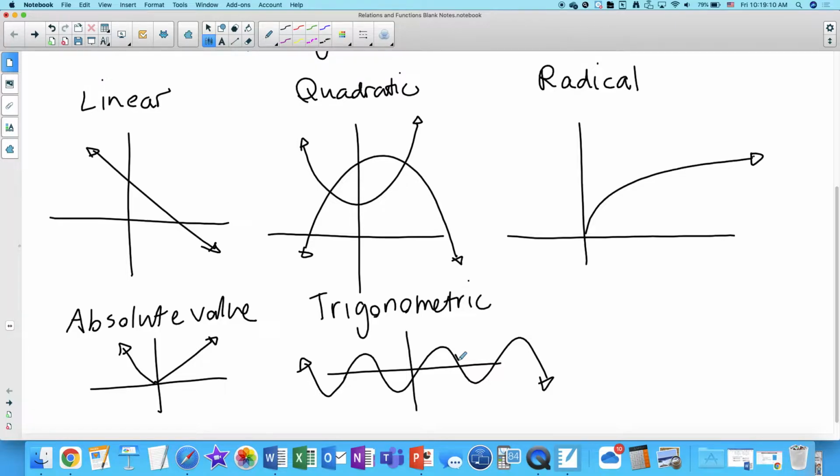Exponential, right? We've looked at y equals x squared, but if you have the variable in the exponent, then like y equals 2 to the x, for example, the variable is in the exponent position, those look like this.